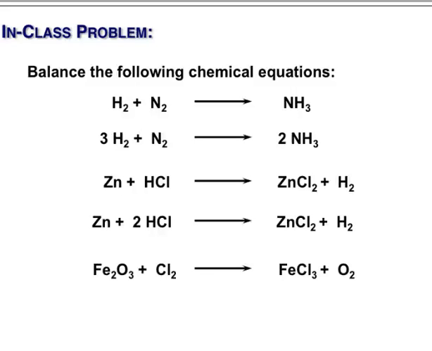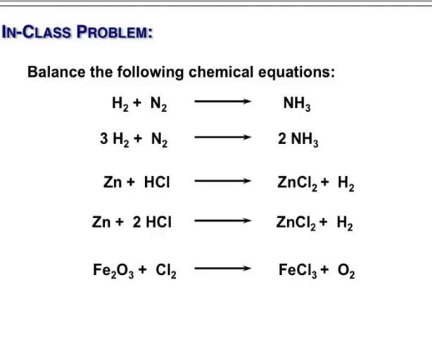What is this stuff called? Iron 3 oxide. And this is iron 3 chloride. Well, we have 3 oxygens here, we have 2 here, right?